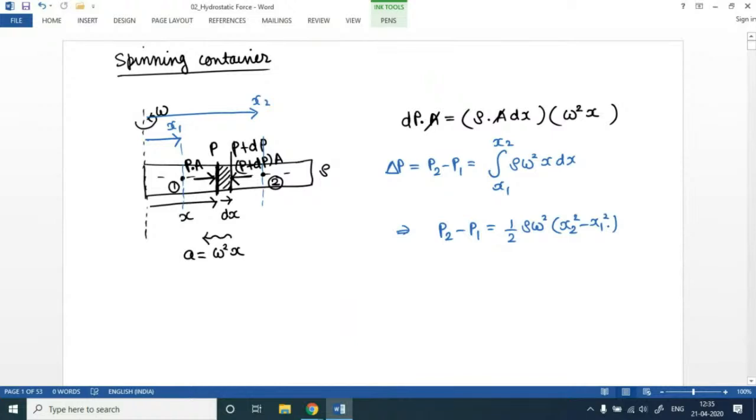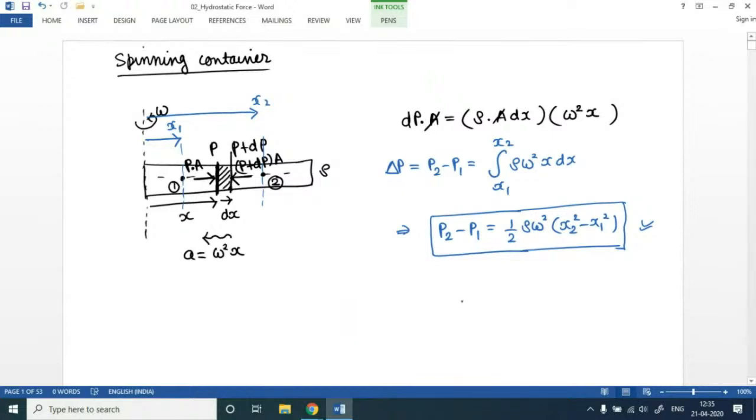You should notice that the pressure inside the liquid is increasing as we go away from the axis. Clearly the pressure at point 2 is greater than the pressure at point 1. We will be using this relationship frequently. The pressure at any point depends upon its distance from the axis.